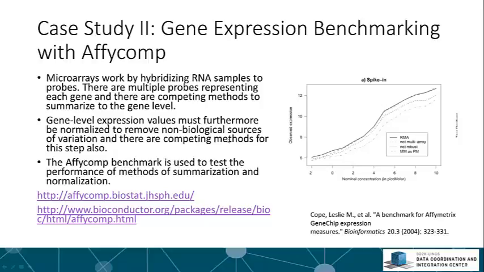The probe level hybridization data must then be summarized to produce an estimate for the expression level of the given gene. And there are different competing methods for performing this summarization process.